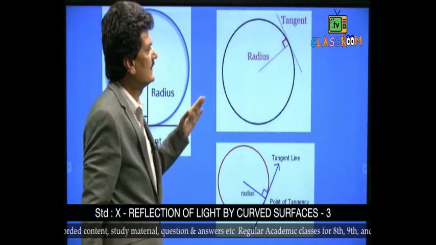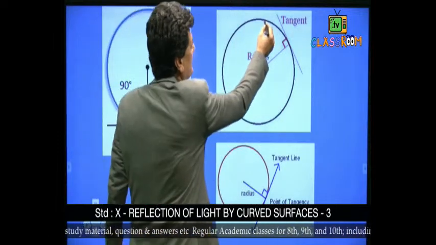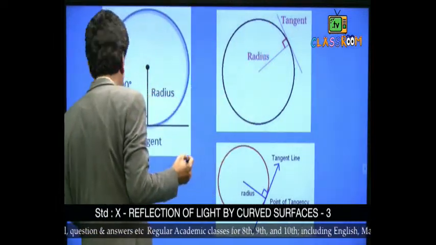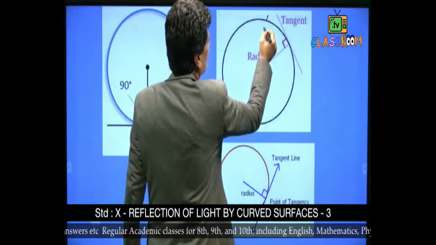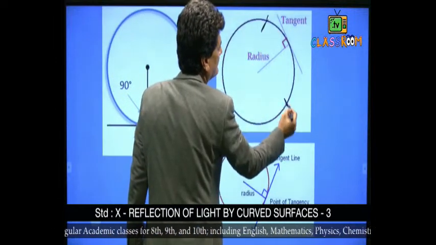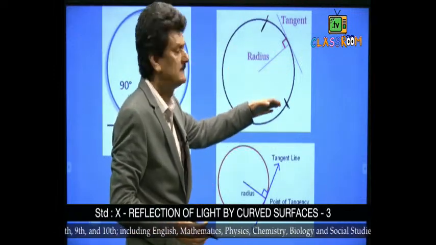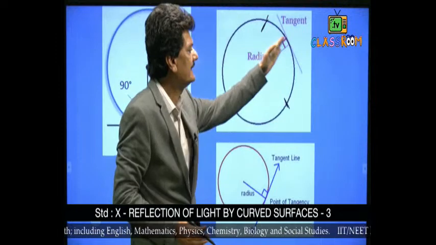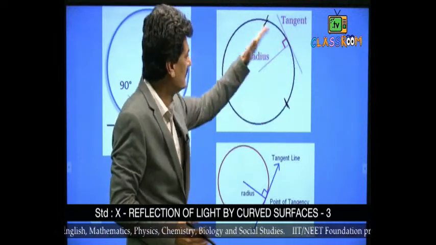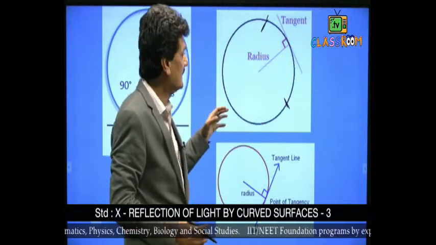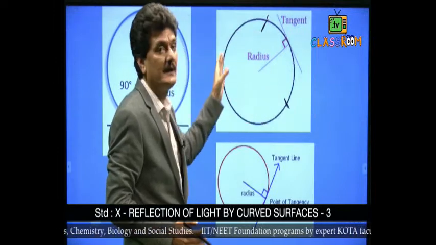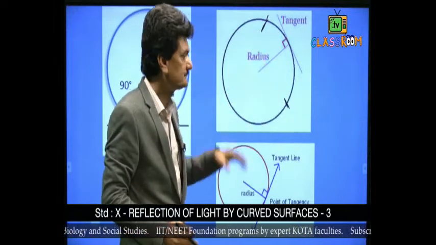Suppose this part is what we have taken as a mirror. We have carved out this part and removed the rest, and this is now our spherical mirror. The whole circle is still there, and now we are considering our mirror along with the circle.